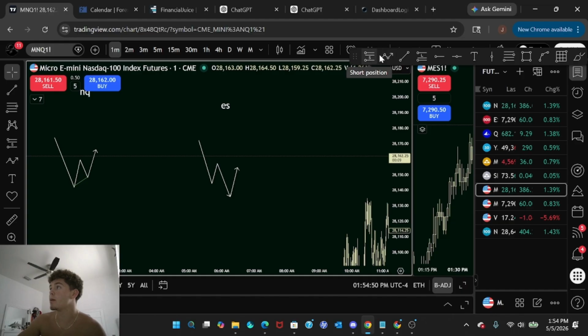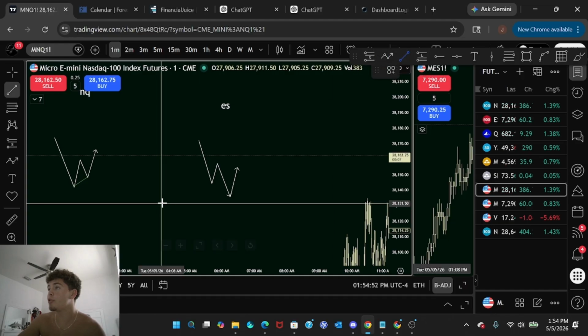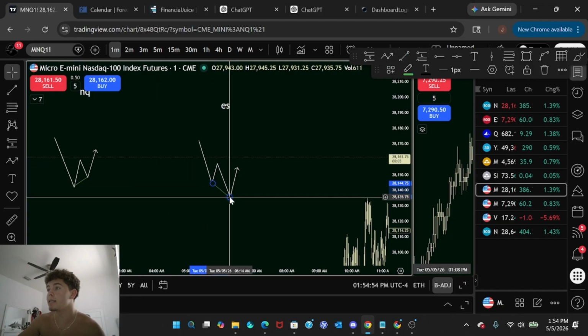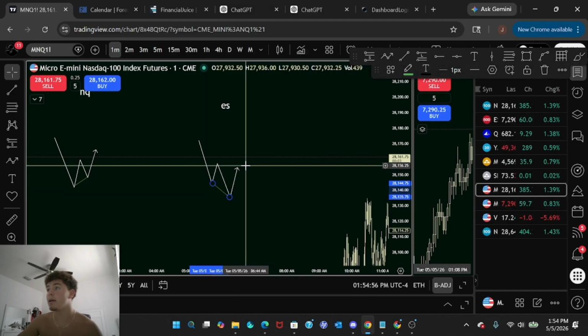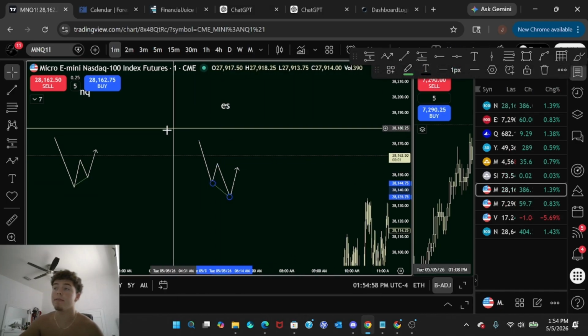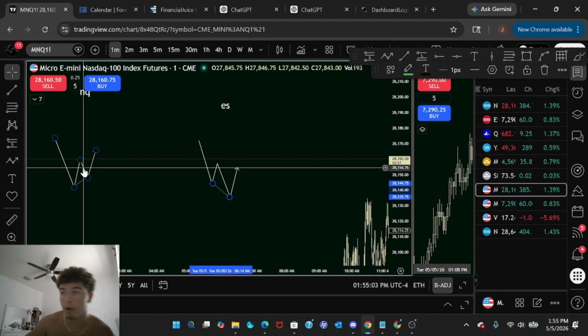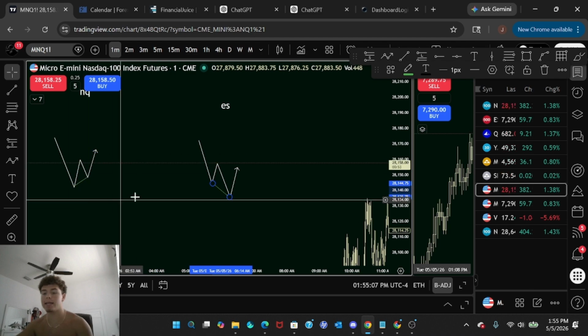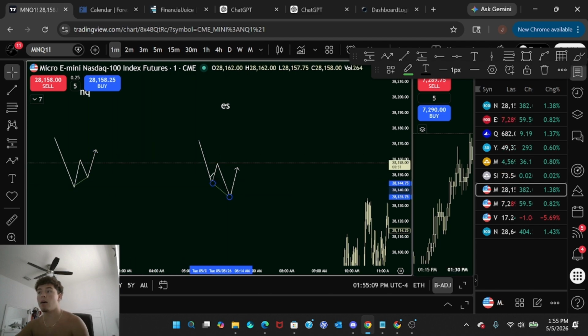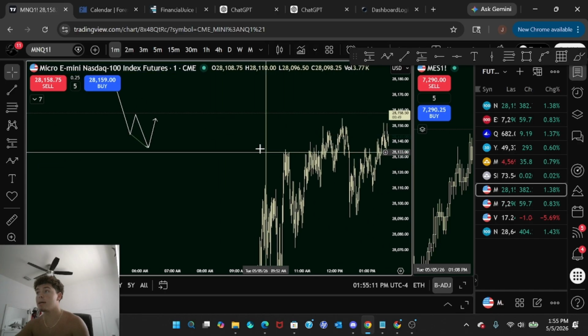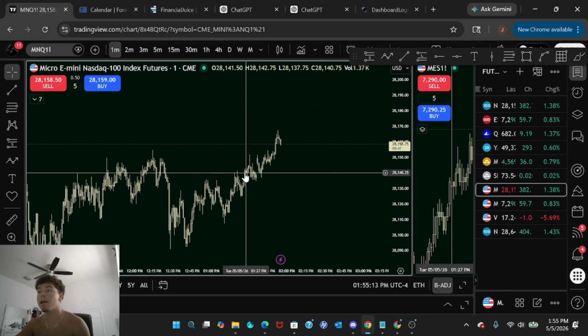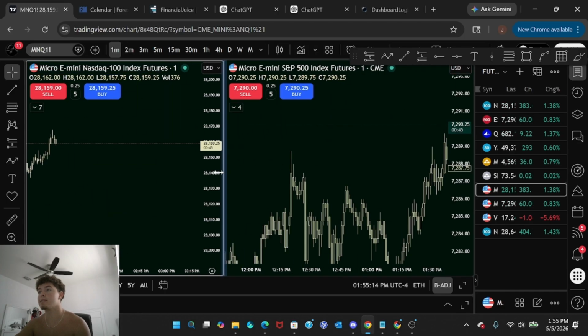Sometimes the SMT is not going to be this close. Sometimes the SMT will be a high from last week or a high from the day before or Tuesday or whatever it may be. The SMT isn't always going to be right next to each other, but sometimes it might. So let's go ahead and find real life scenarios with SMTs.